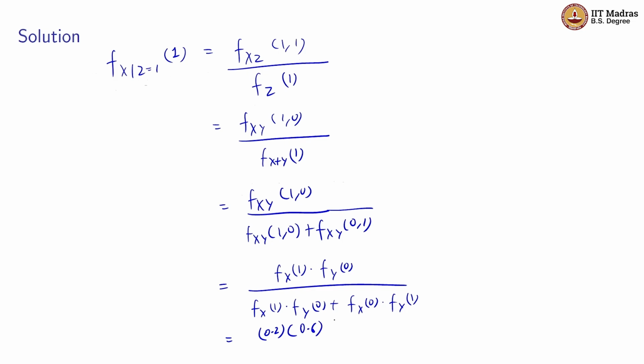So this is for the numerator, and for the denominator we have 0.2 into 0.6 plus 0.8, for probability x is equal to 0, into 0.4 for the probability y is equal to 1. So on further simplification, we'll get our final answer, which is 0.28.